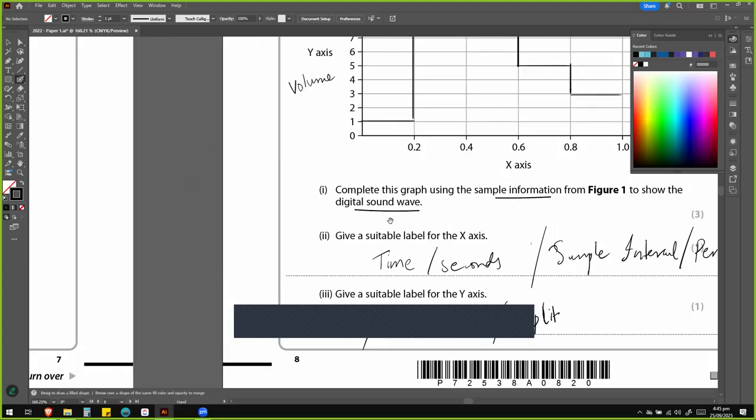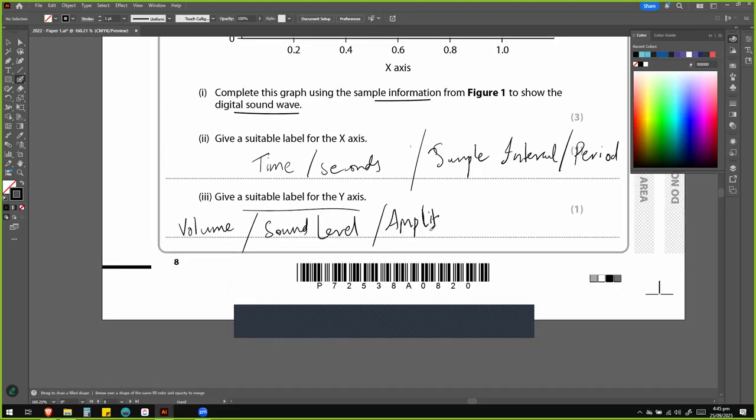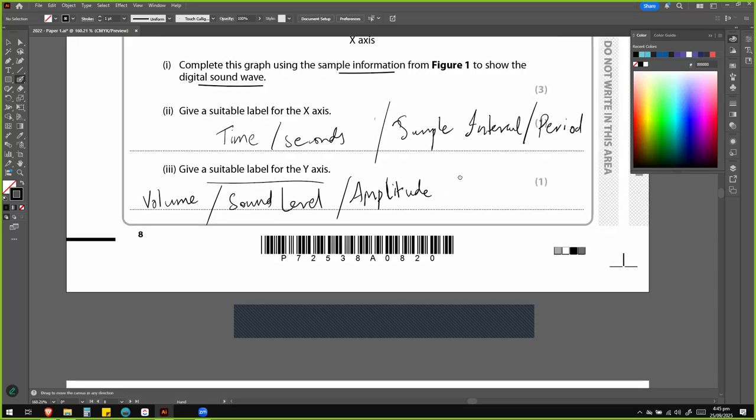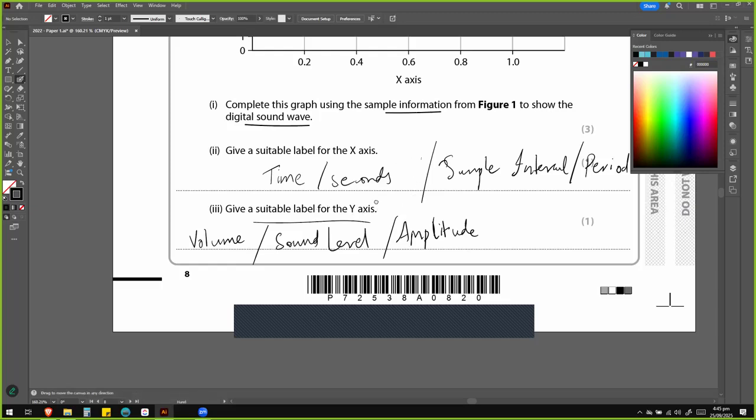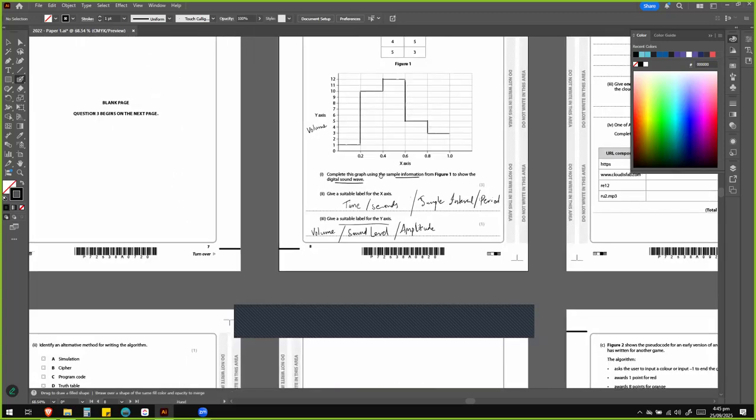You can see the wave is only at 1 amplitude here, then goes to 10, then 12 up here. So you can say volume, sound level, amplitude. Let's move on to the next question.